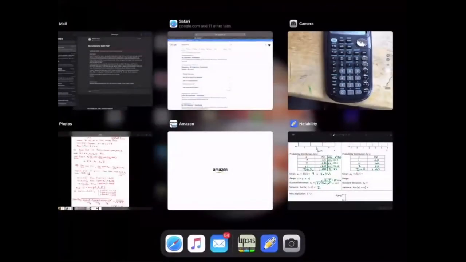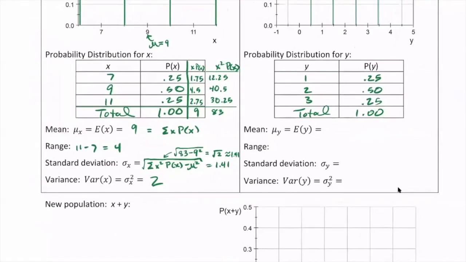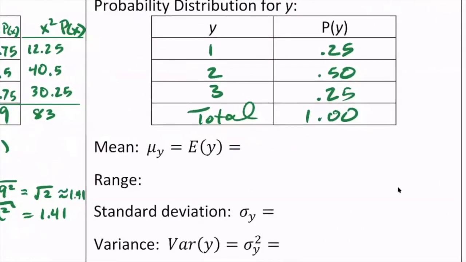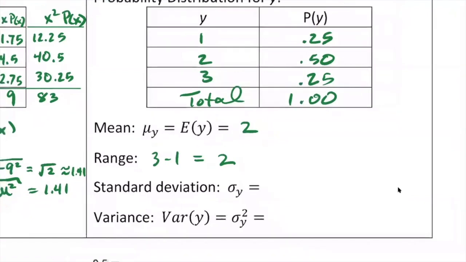So let me jump back to the notes real quick. The mean is the expected value of the variable which we call y, so that's 2. The range is 3 minus 1, which is also 2. Standard deviation was there.